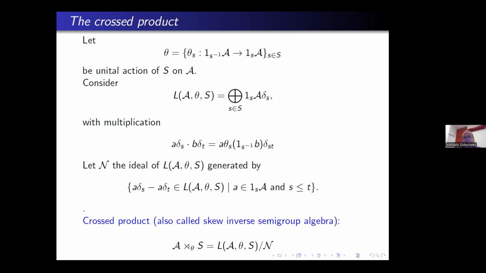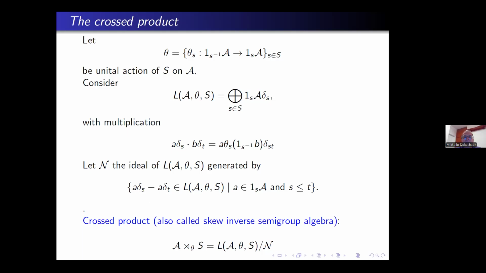It turns out this definition is not really satisfactory. For example, in the group case it would be okay, but in the case of inverse semigroups there are redundancies which need to be removed. So what is the redundancy? This difference is a redundancy: you have the same coefficient a, and s is less than or equal to t.